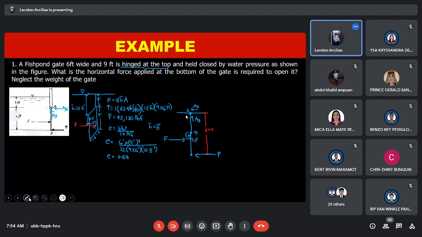So, kailangan muna nating alamin yung lever arm nila. Ang P natin, no problem since nasa bottom siya, meaning that is just the height of the gate. So, 9 feet from the point A, or point where we take moment. So, ang F naman natin is CG, which is half of 9, 4.5, plus the E. So, this is 4.5 feet plus E, 0.54. So, that is 5.04. So, 4.5 plus 0.54.